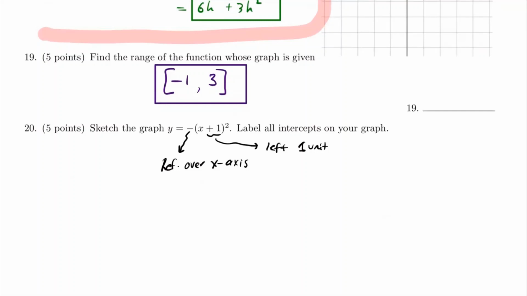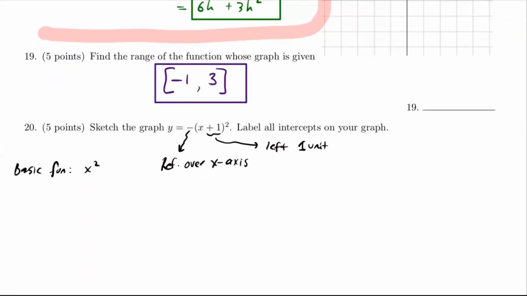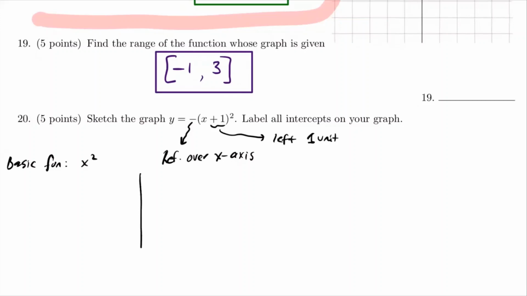Or you can do transformations like I'm showing you right now. We're going to start with our basic function, which is x squared. Now I'm going to apply transformations on this basic graph. So here's my xy plane. x squared, by now, we all know how it looks. It's a parabola that's facing up, just like that.